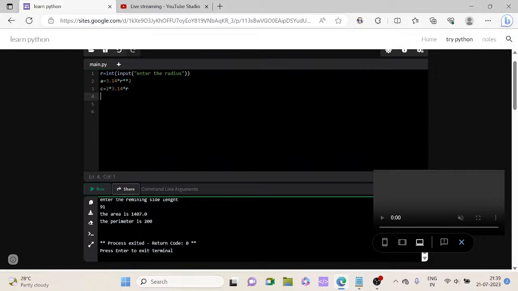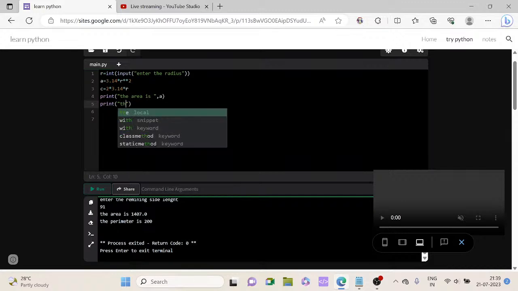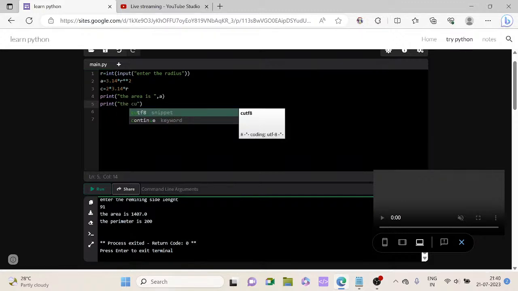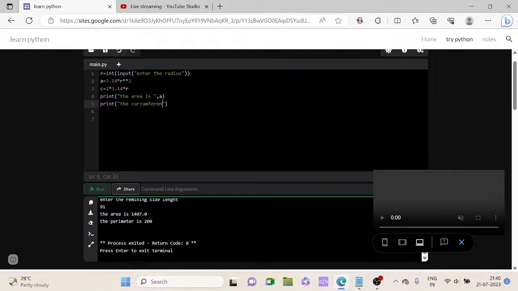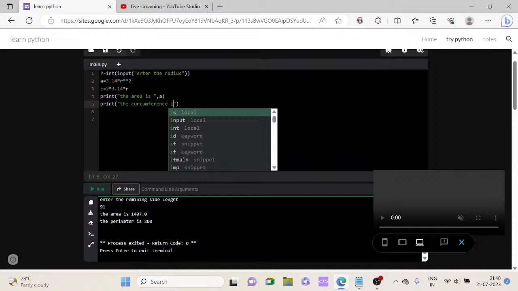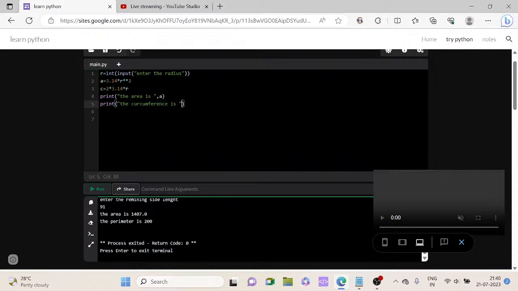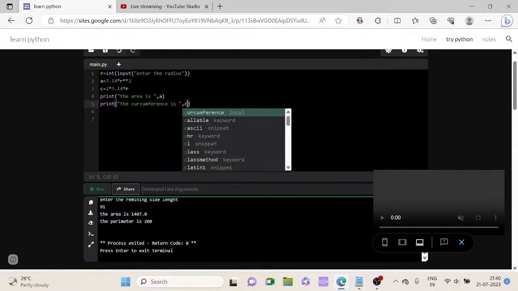Then at the next line we will write print bracket, inverted comma, the area is, then a comma, then A. At the next line we will type print bracket, inside the inverted comma the circumference is, closing inverted comma, then a comma, then C. So that's all. Now let's run it.